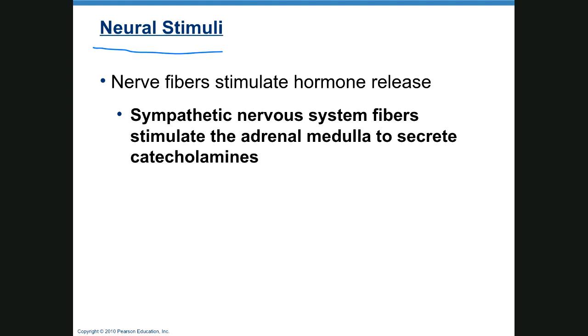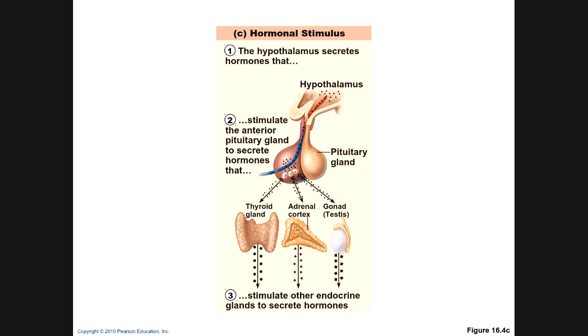Neural stimuli: actual nerve fibers stimulate hormone release. One example, sympathetic nervous system fibers stimulate the adrenal medulla and cause it to secrete catecholamines such as epinephrine and norepinephrine. Now, this is an example of hormonal stimulus here.